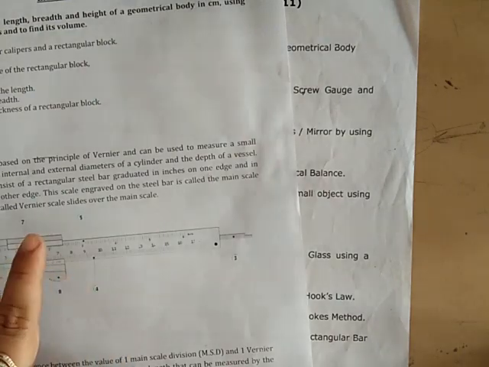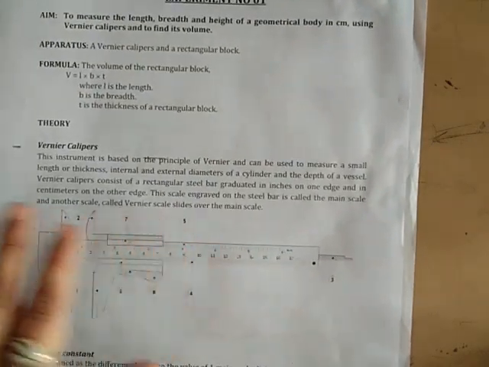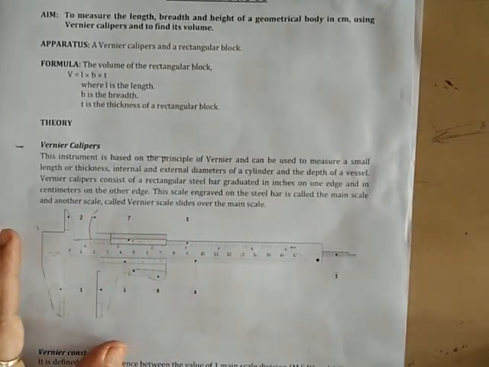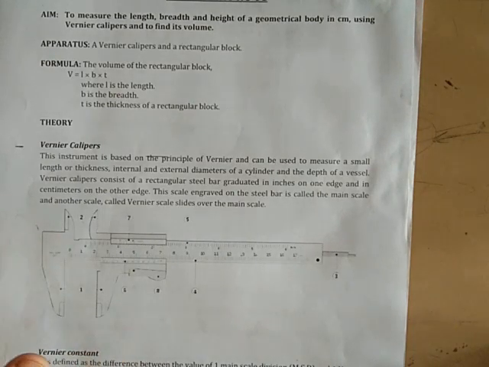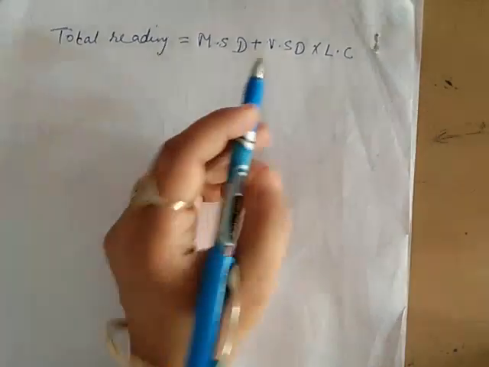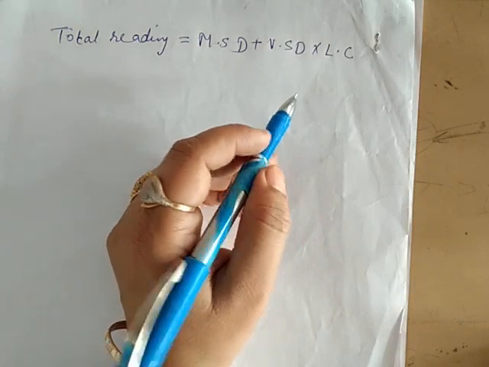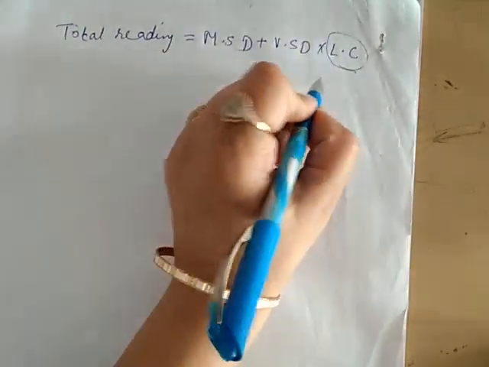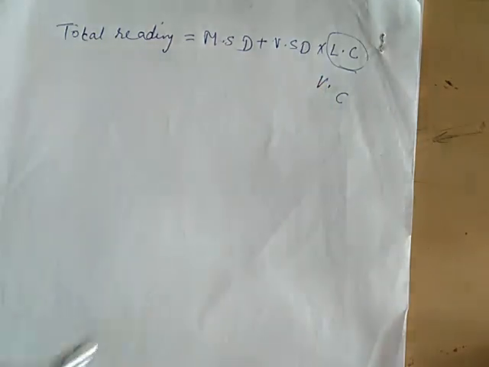Now come to the procedure. As we discussed before, reading that can be taken out is equal to total reading, that is main scale division plus vernier scale division into least count. This is also called as vernier constant.